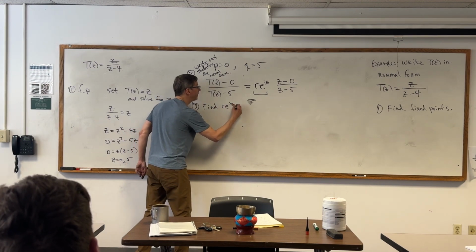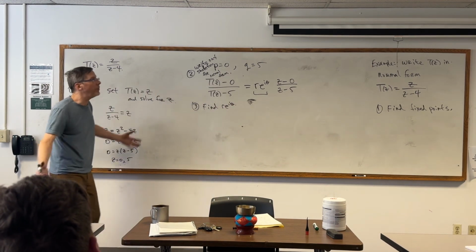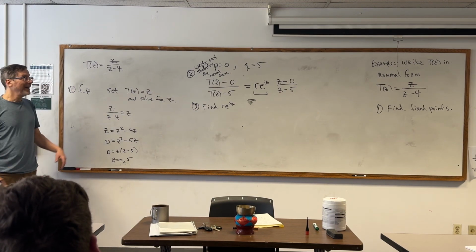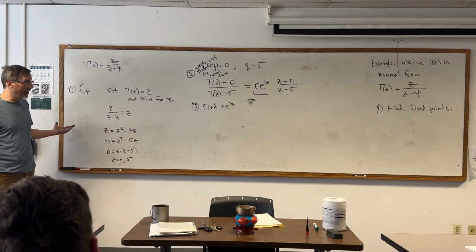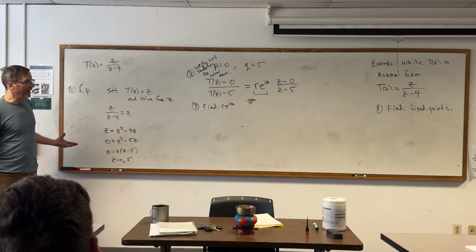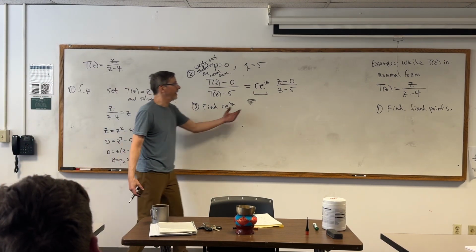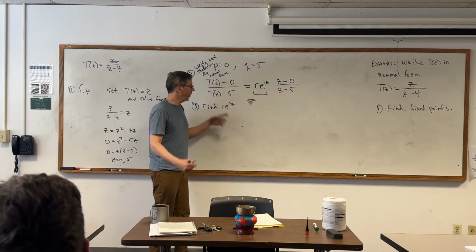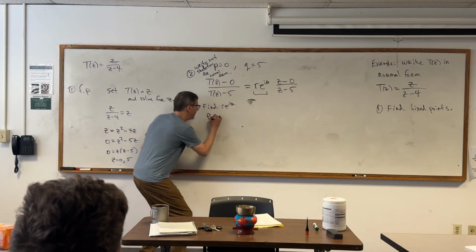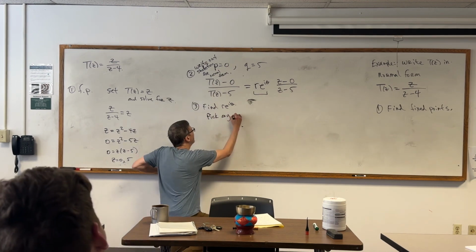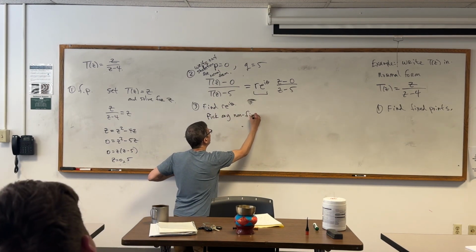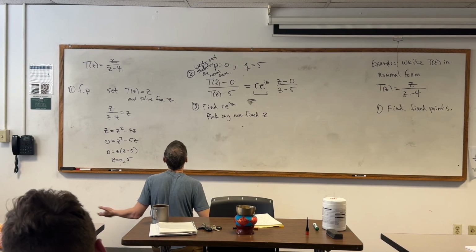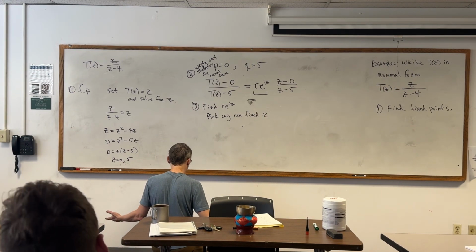To do that, we just pick any point we want. Pick any z you want, except the fixed ones, which are not going to give you any information. If I pick z equals 0, I'm gonna get a 0 here and a 0 here, and that's not helpful. So pick any non-fixed z.